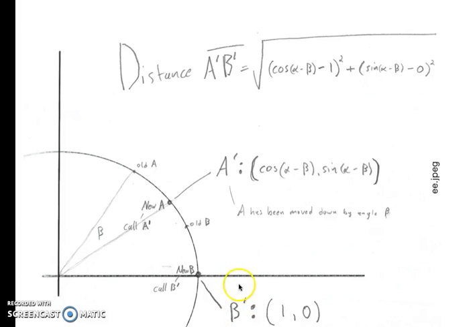And we know that B prime is at (1, 0) because it's still on the unit circle. Here I am writing down the distance formula for the distance between A prime and B prime, using this new cosine and this new sine. You'll see them here.